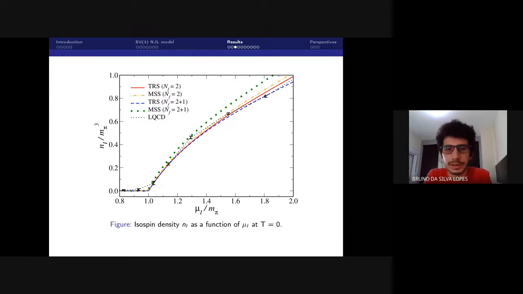Also for the isospin density as a function of mu I, still at zero temperature, at low mu I the MSS, the green dots, seems a better fit, but at higher values of mu I, the blue dashed curve seems a better fit for the lattice points.